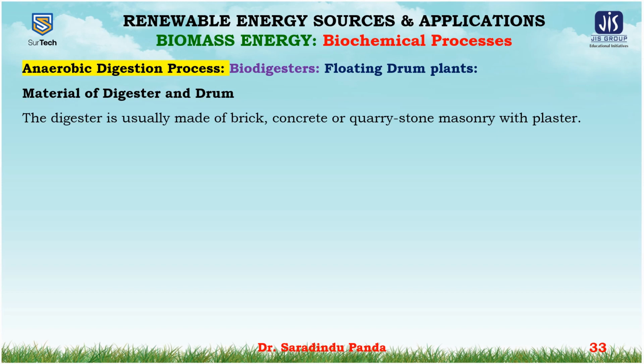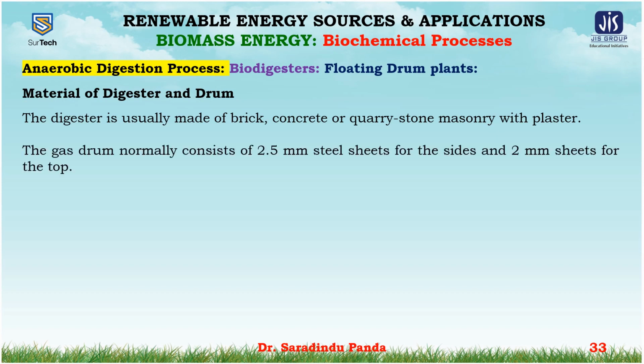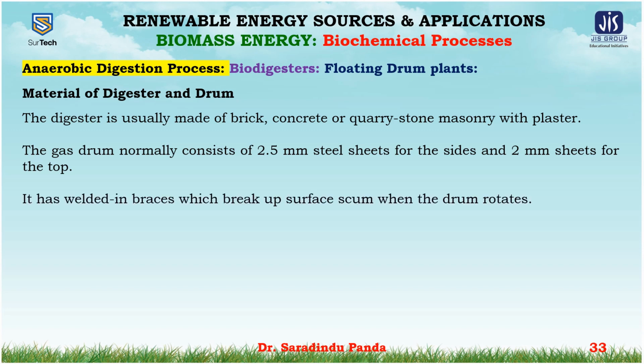The materials of the digester and the drum: the digester is usually made of brick, concrete or quarry stone masonry with plaster. The gas drum normally consists of 2.5 mm steel sheets for the sides and 2 mm sheets for the top. It has welded-in braces with breaking surfaces for when the drum rotates.